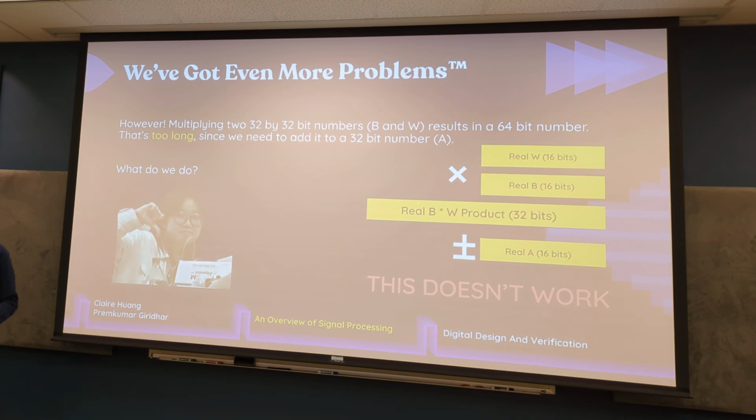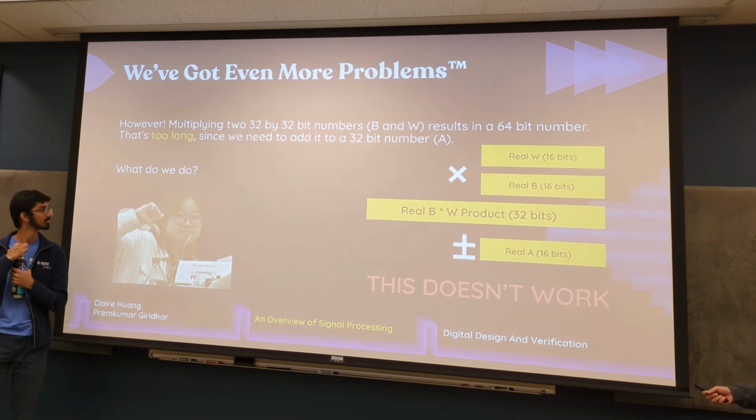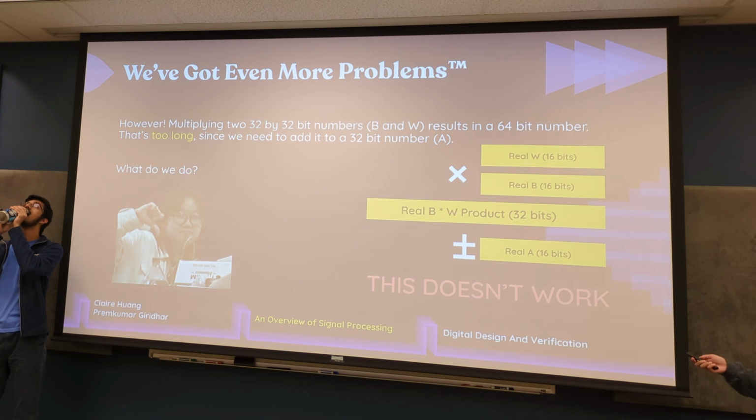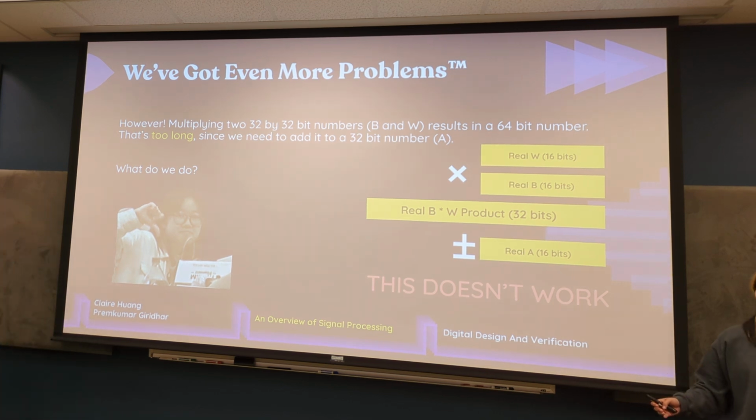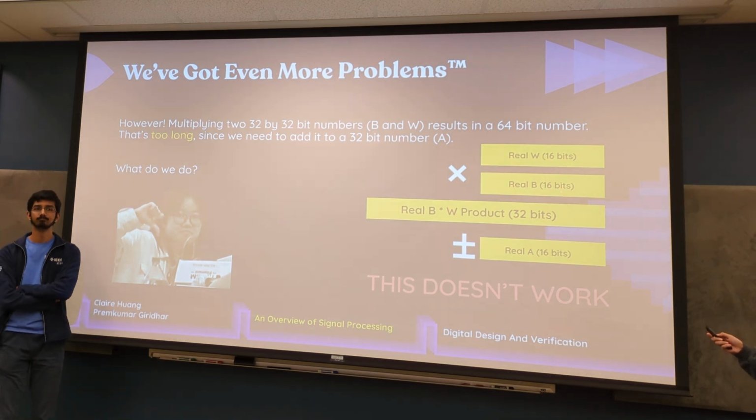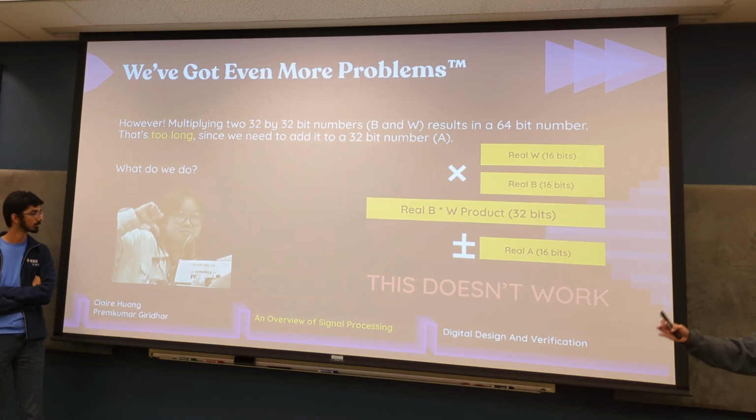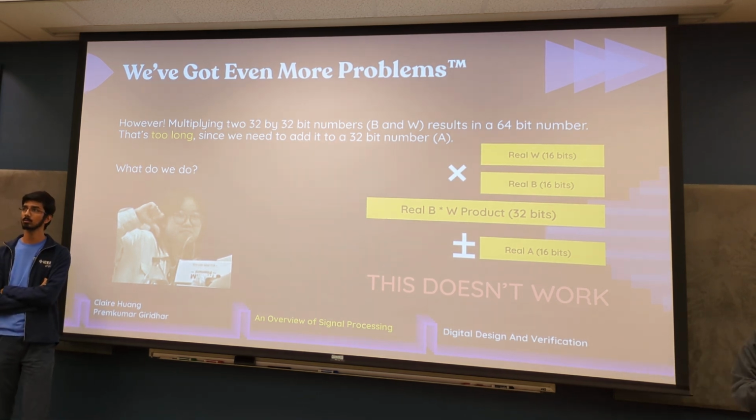Alright, so if we multiply it like that, we get a much longer product. We're dealing with bits now, and let's say our reference input is we receive 32 bits. And of the 32 bits, I think the first 16 will be real, for example, and the second 16 will be imaginary.